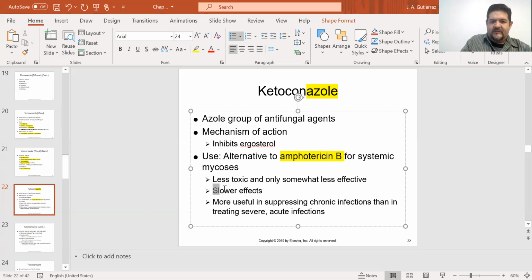So ketoconazole has slow effects. So because of this, it's preferred in suppressing chronic infections. Ketoconazole is not very good when we want to treat something acute or severe infections.